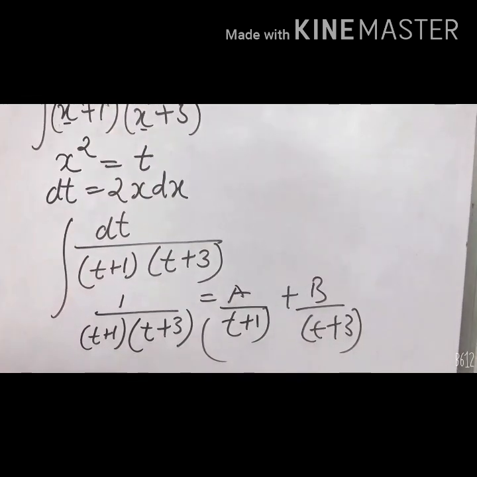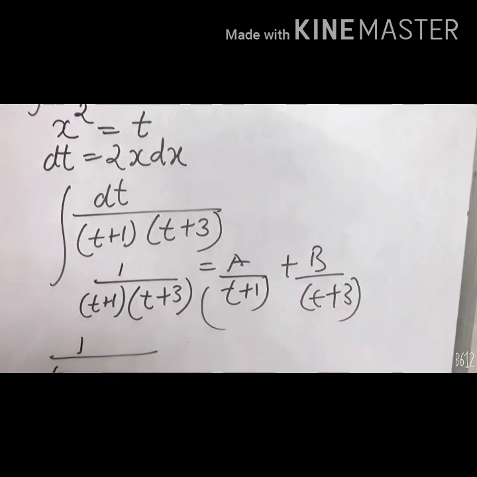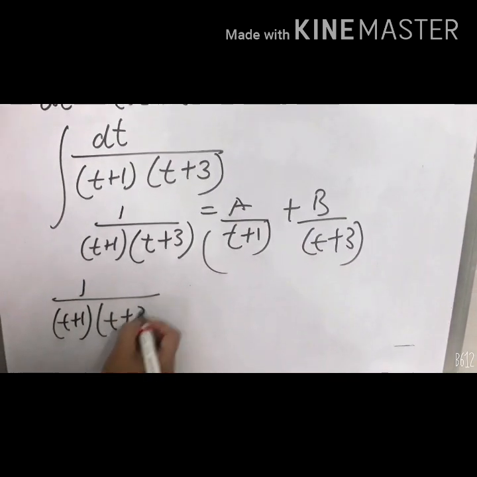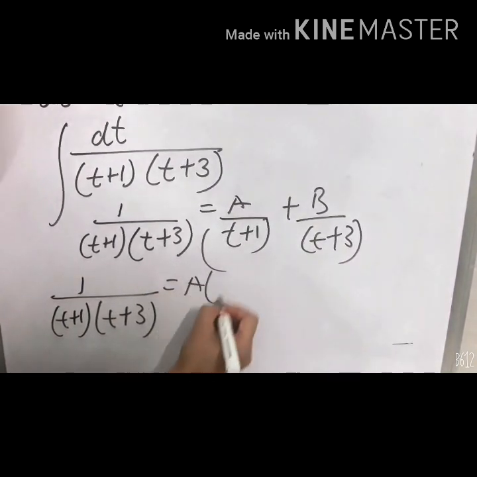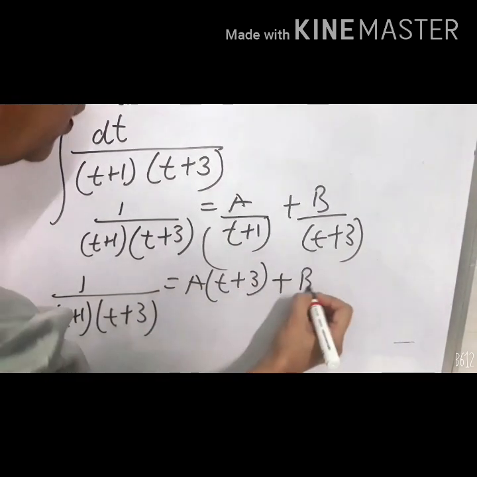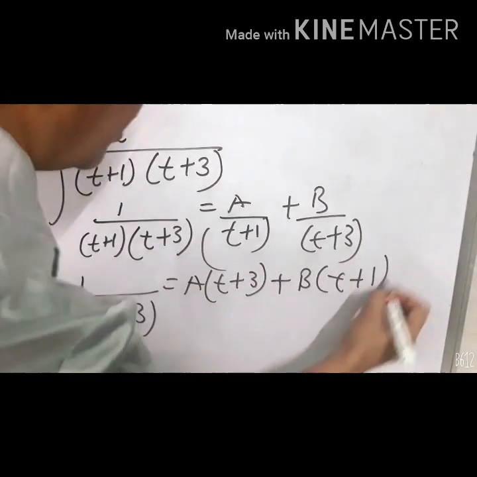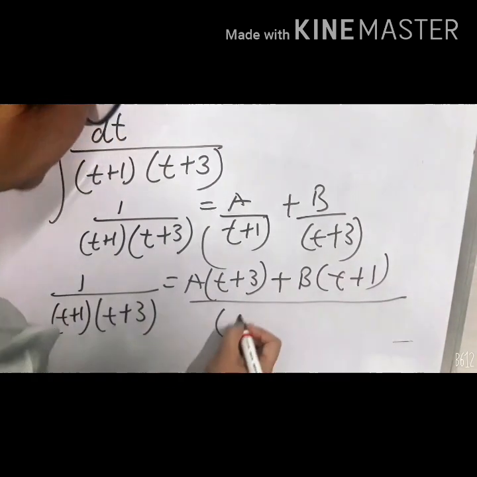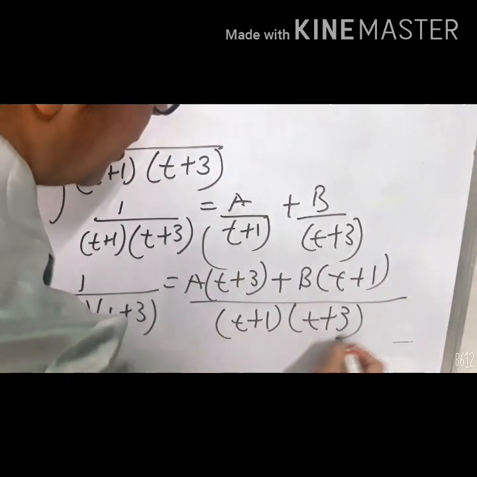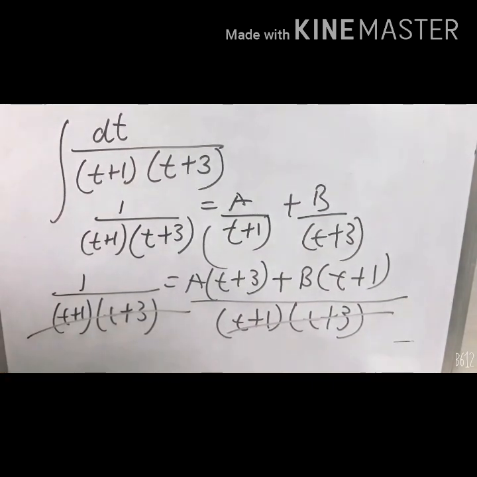Now I will take the LCM. When I am taking the LCM, it is like A into (t plus 3) plus B into (t plus 1) by (t plus 1) into (t plus 3). Correct? Please cancel these denominators.